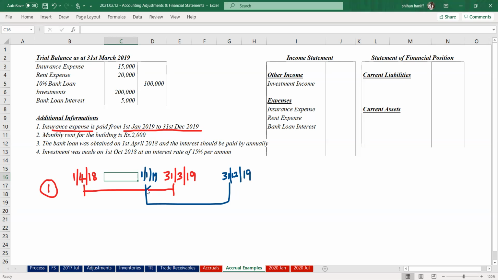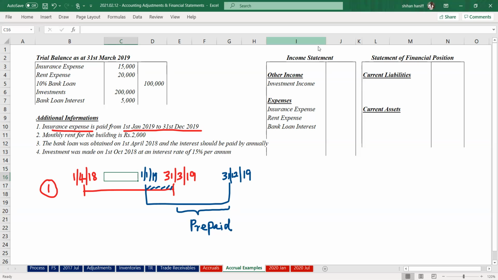Right? So only this period belongs to our financial year. This is prepaid, paid in advance.